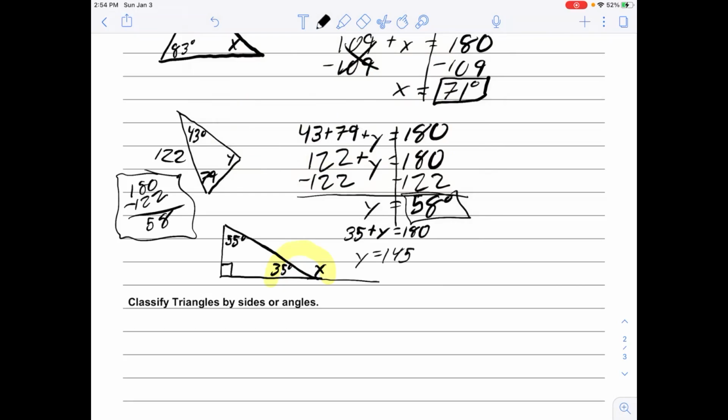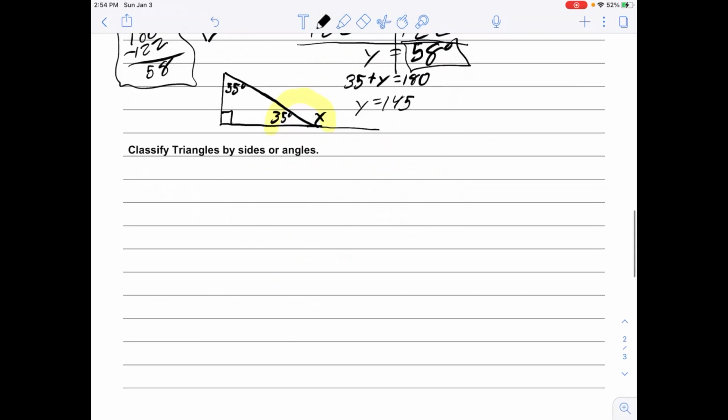I'm going to show you one more, so we're just going to take over some of this section's area, and that'll be okay. Let's say we had a triangle that looks like this. And I told you that this was 60 degrees, and this was 52 degrees.